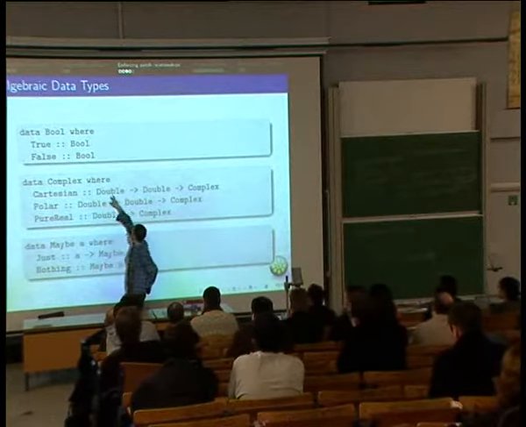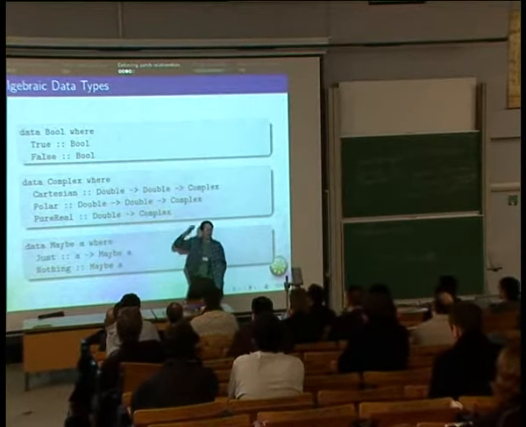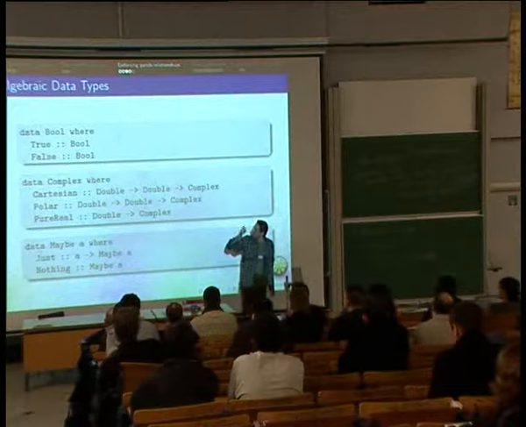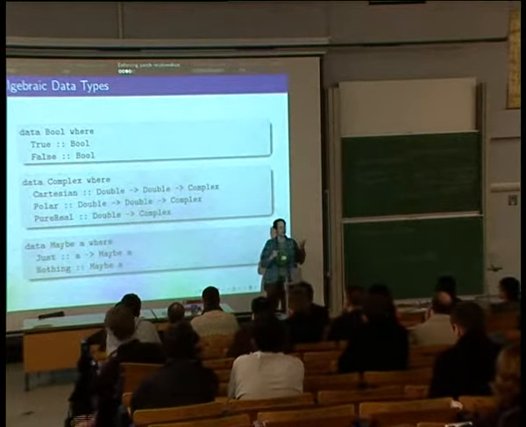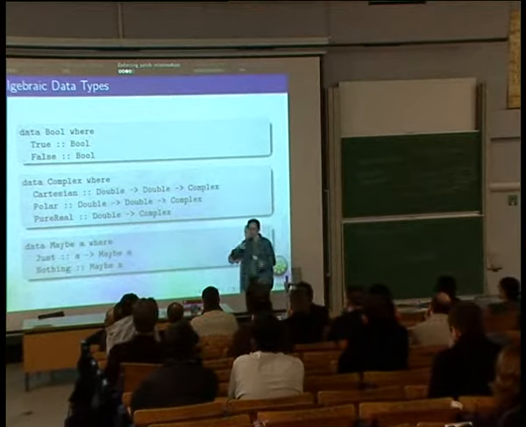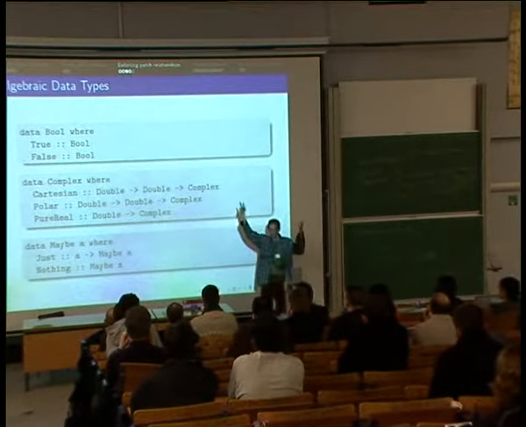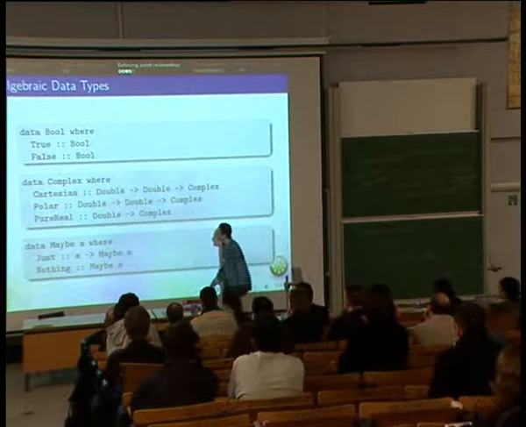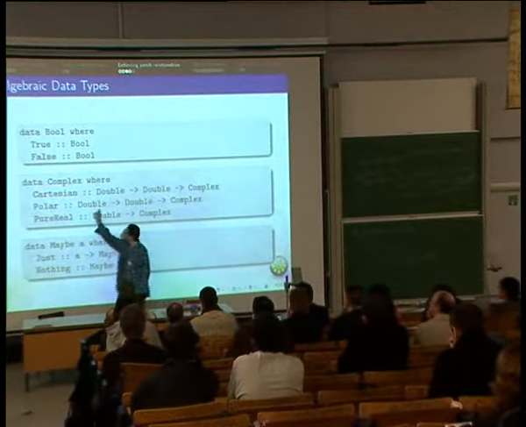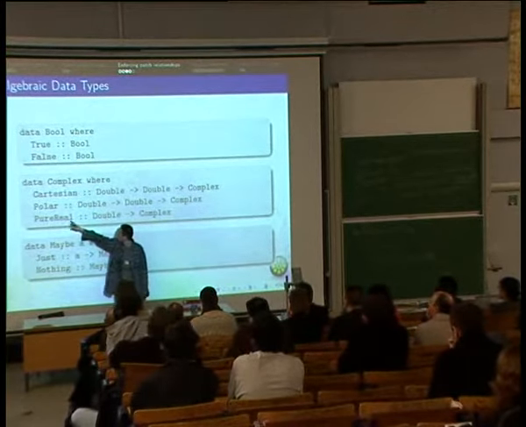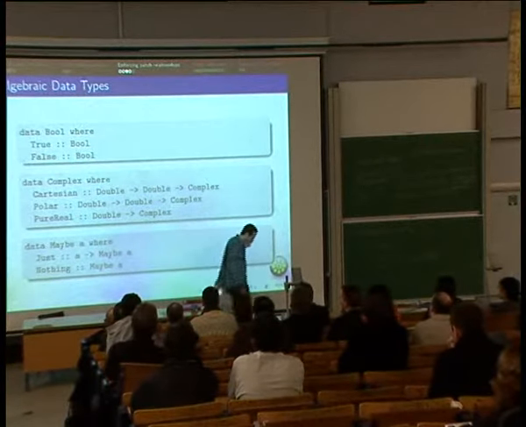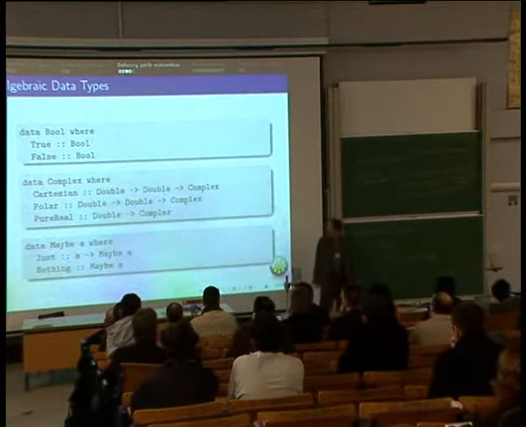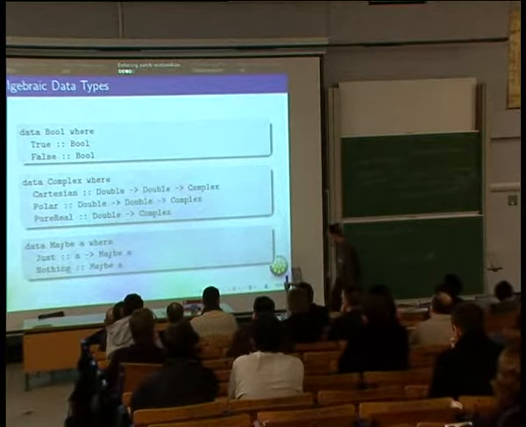You can have Cartesian, which takes a Double and a Double, and is a Complex. What that means is that if you want to construct a Cartesian type of complex number, you just type Cartesian 1 2, and you can then have Polar, which takes a Double and Double, or something like, say, a PureReal, which has only a Double in it. This is sort of what types look like.